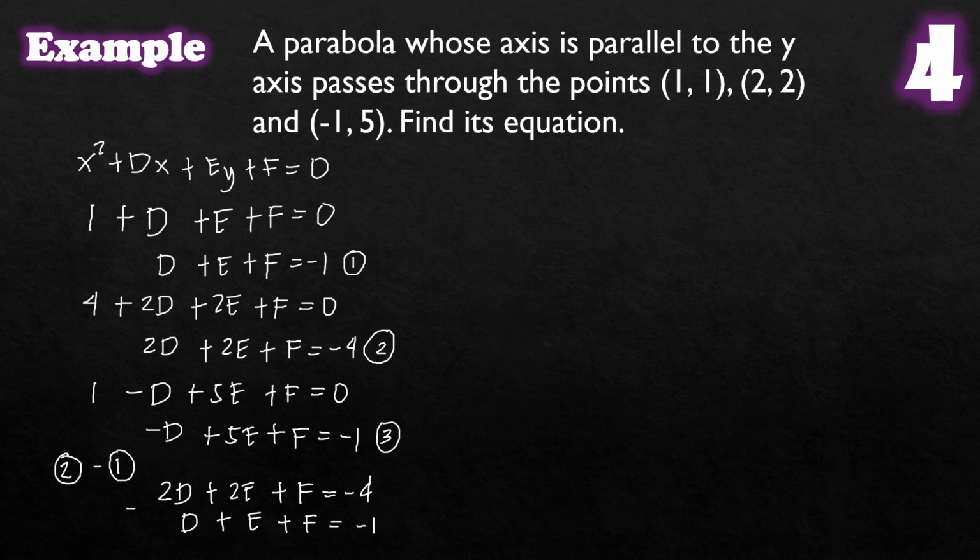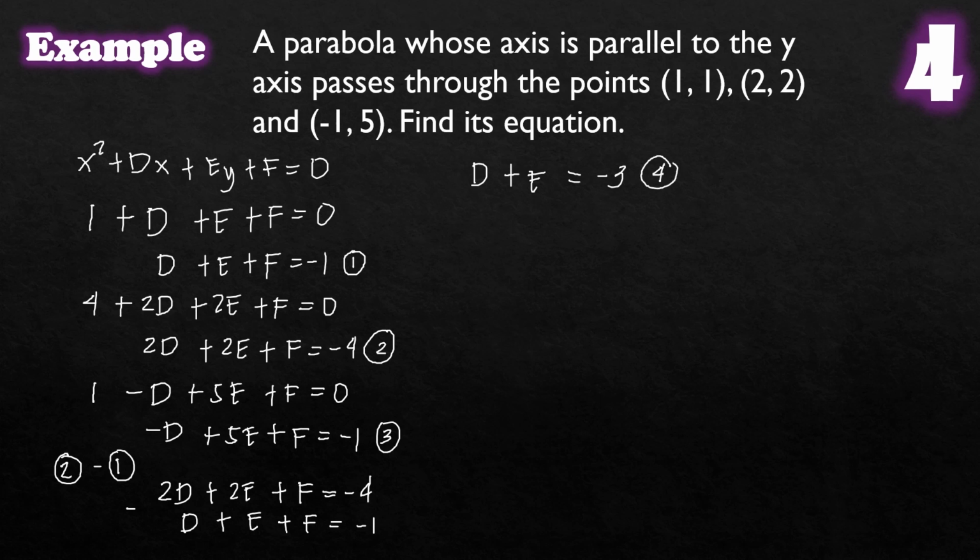So we will have 2d minus d, that will be equal to d. 2e minus e, that will be equal to e. And then f minus f is 0. And then negative 4 minus negative 1, that will be negative 4 plus 1. And that is negative 3. Let us call this our equation 4.